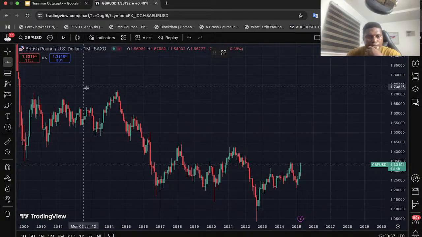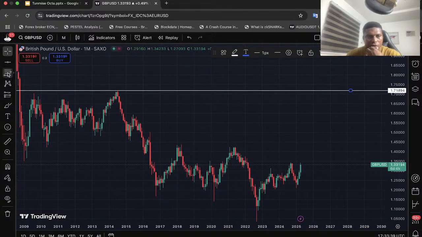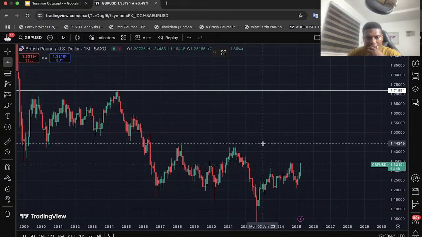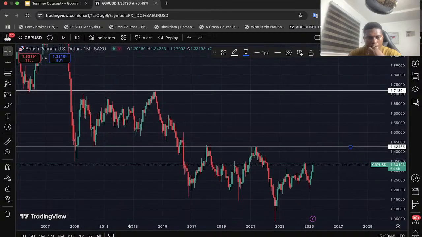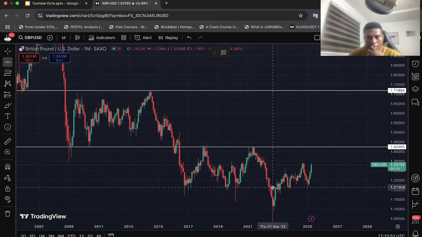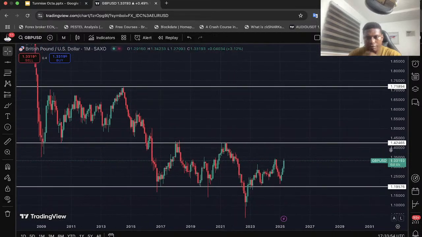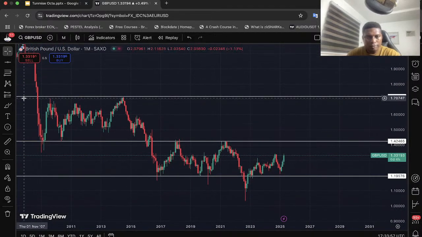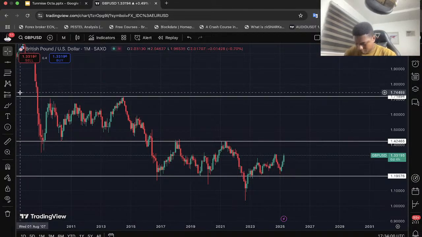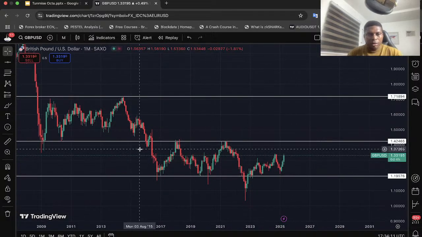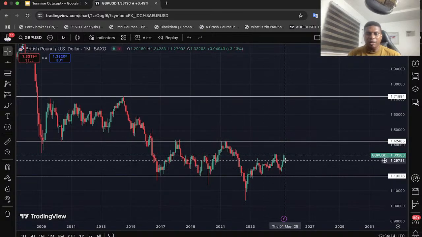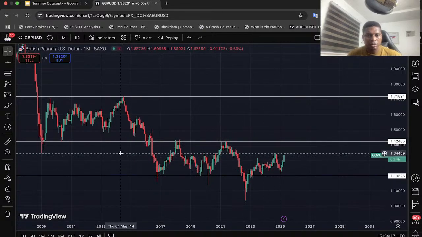So let's map out key levels of support and resistance. So here we go, we have key levels of support and resistance.